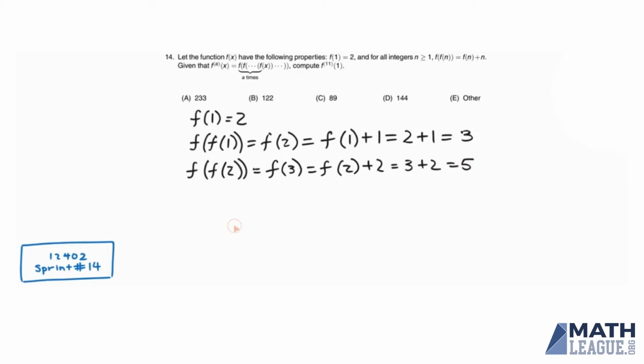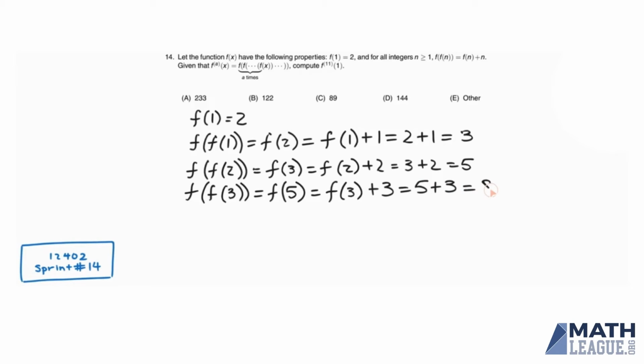The next step is f of 3, and f of 3 is equal to 5, so this is going to be f of 5, which equals f of 3 plus 3, which equals 5 plus 3, which is 8.